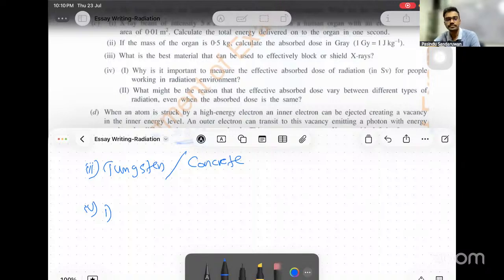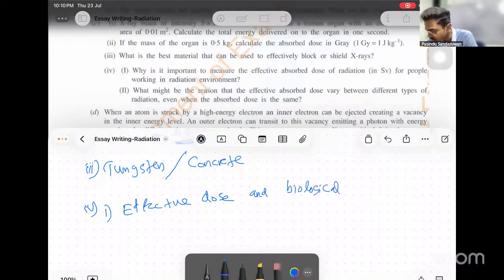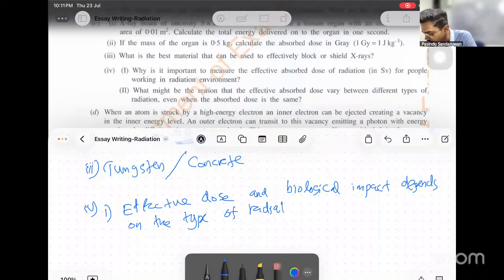Then the effective dose, or biological dose, or biological impact, depends on the type of radiation exposed.